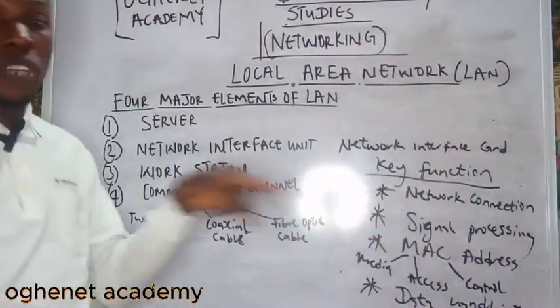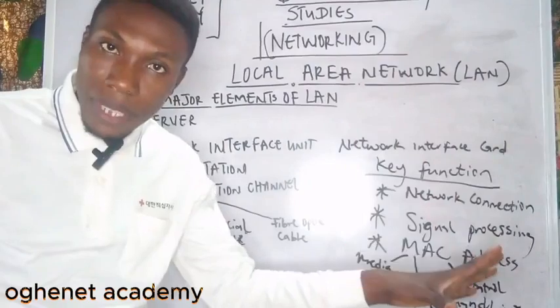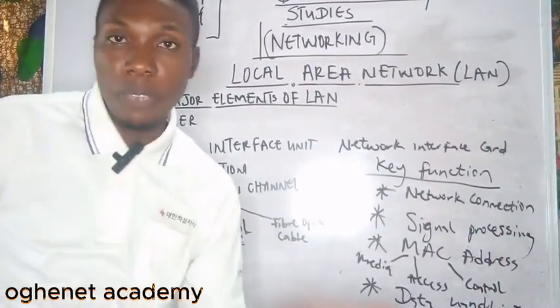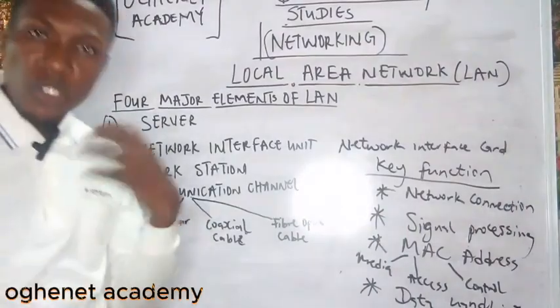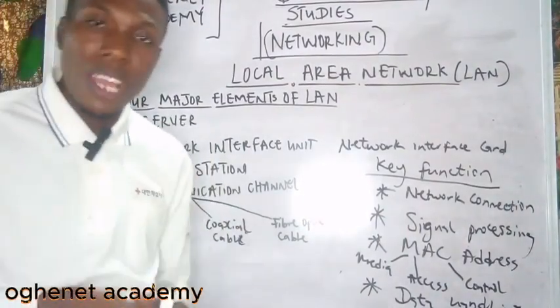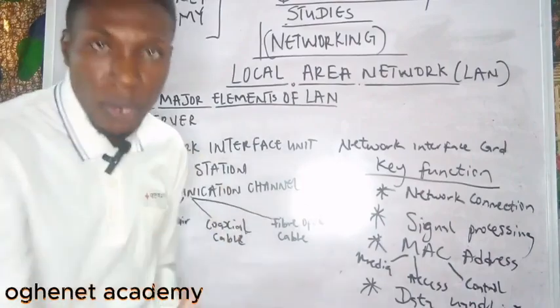Remember, I said that the network interface unit transmits data. You convert it to signal first, and then transmit that signal from the server to the workstation. It uses a specialized technique in doing that, so that the CPU will not be overloaded.